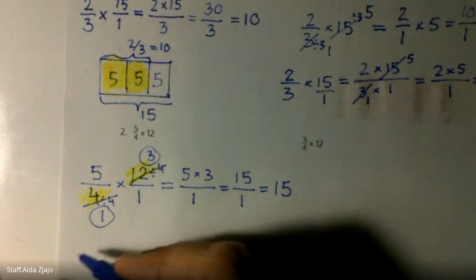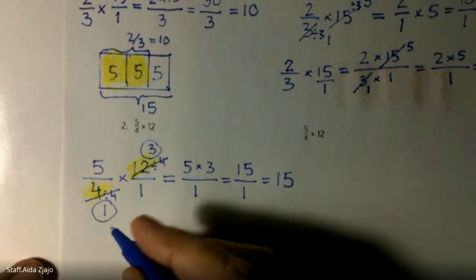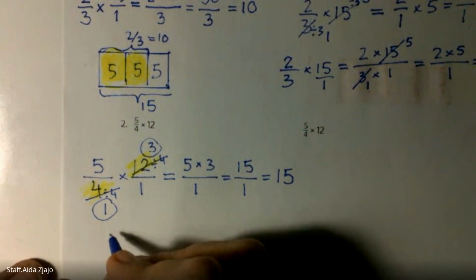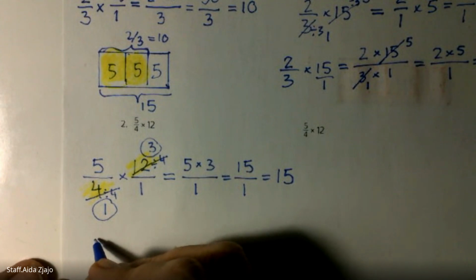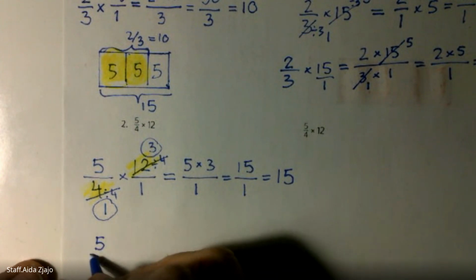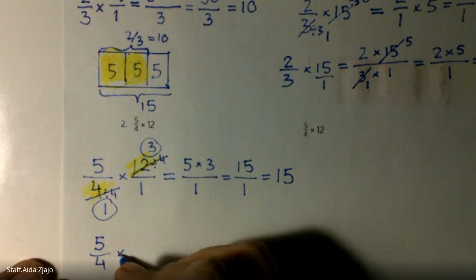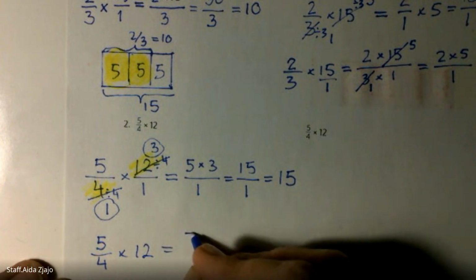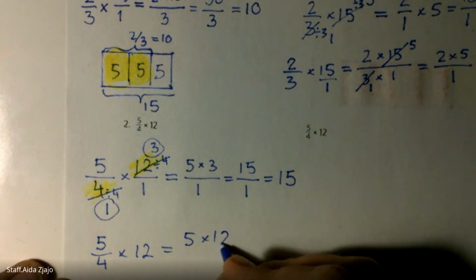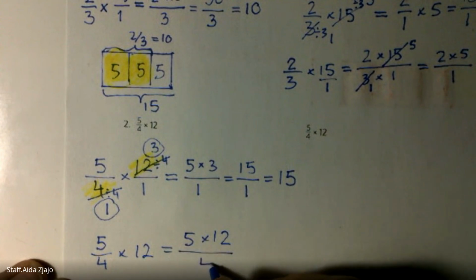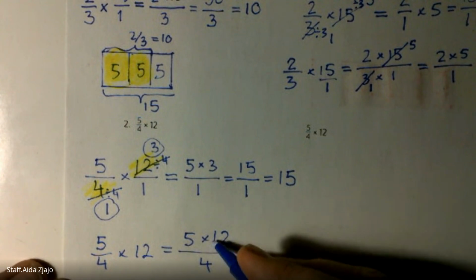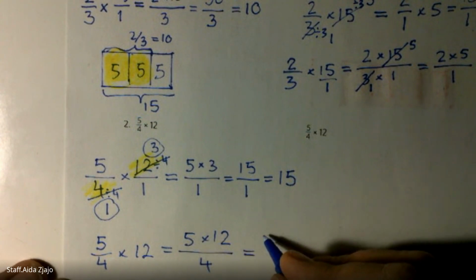That is if we use simplification. And then if we don't use simplification, we will need a little more work. 5/4 times 12 equals 5 times 12 divided by 4. So 5 times 10 is 50, and 5 times 2 is 10.